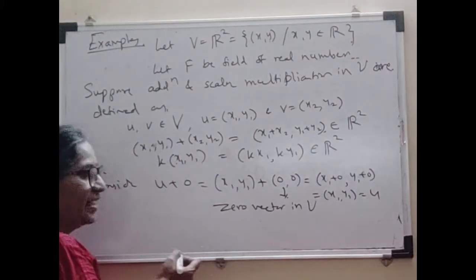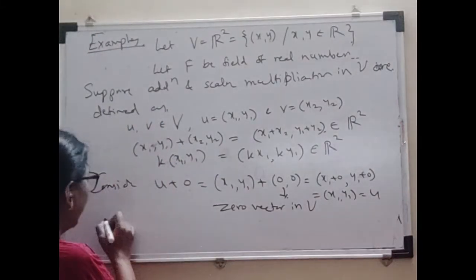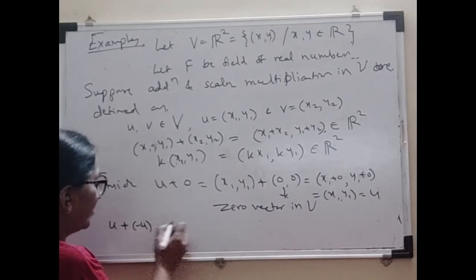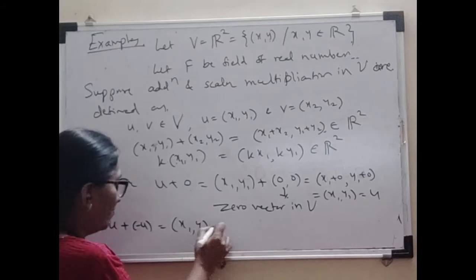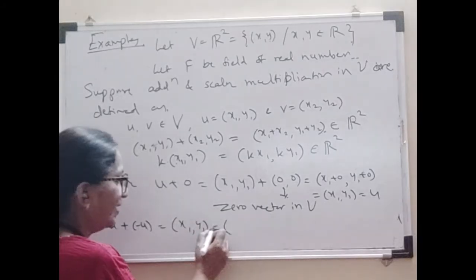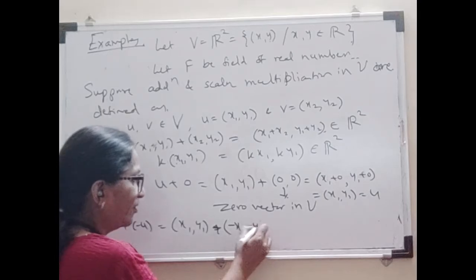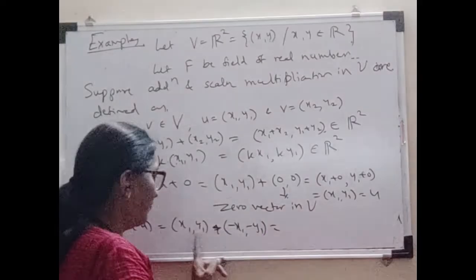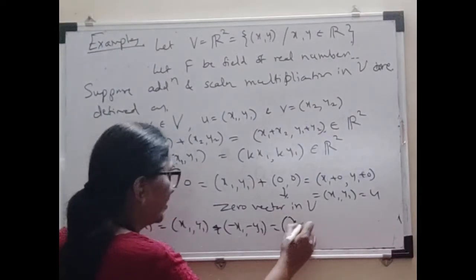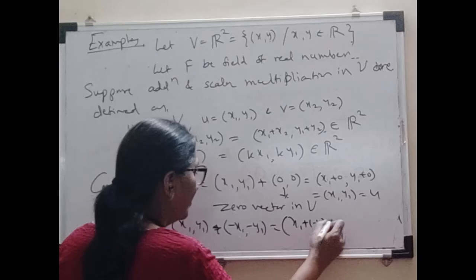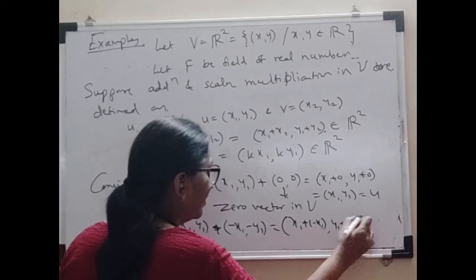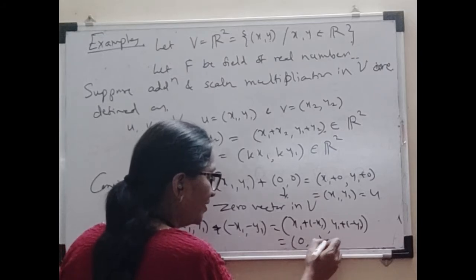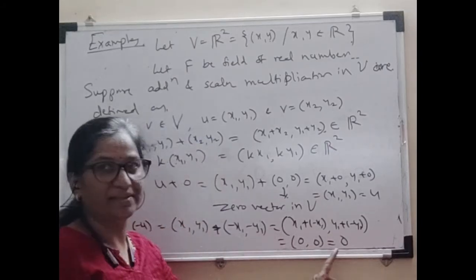Next one, additive inverse. For each u there exists minus u. So u plus minus u. U is (x1, y1), and minus u is nothing but say (minus x1, minus y1). If I find the sum of these two vectors, that will be (x1 plus minus x1, y1 plus minus y1), and that is nothing but (0, 0), which is the 0 vector.